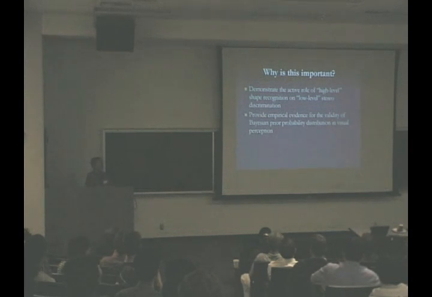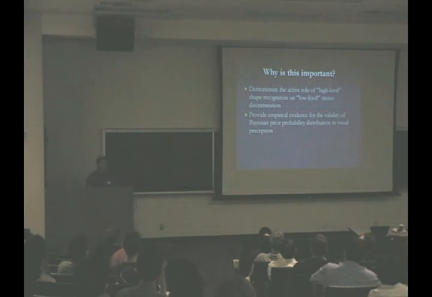Why are we doing this? The first point is to demonstrate the active role of high-level shape recognition on lower-level stereo depth discrimination. We try to demonstrate that such influences are indeed there.